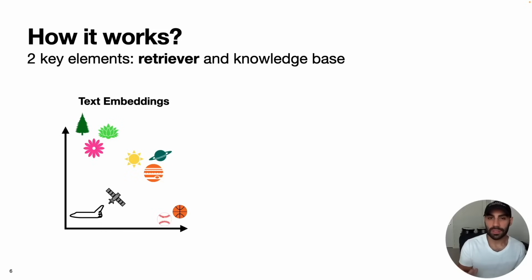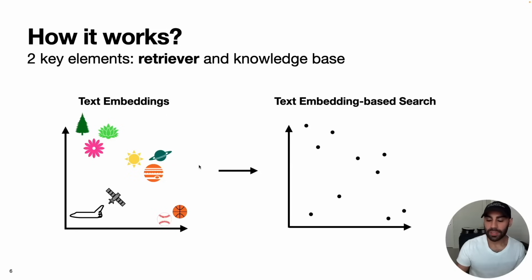So the way we can use this for search is, say each of these items is a piece of information in our knowledge base. You know, we have some description of this tree, a description of this lotus flower, the description of Jupiter, and so on and so forth. What we can do is represent each item in our knowledge base as a point in this embedding space, and then we can represent the user's query as another point in this embedding space.